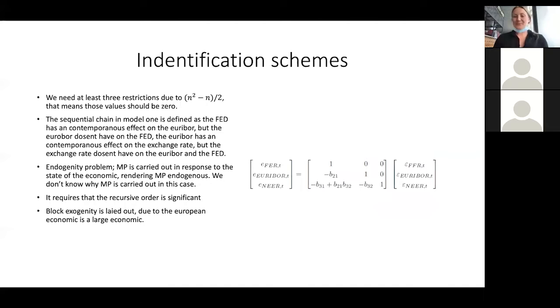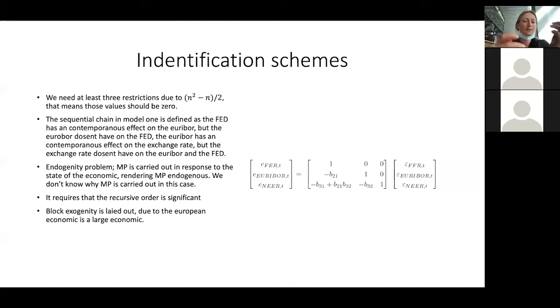So for these identification schemes, we need at least, in this case, 3 restrictions, and that stems from the SVAR model having more parameters than the reduced-form VAR.